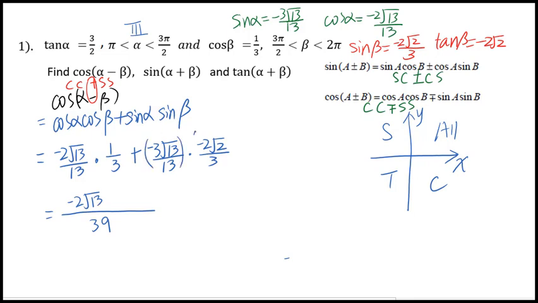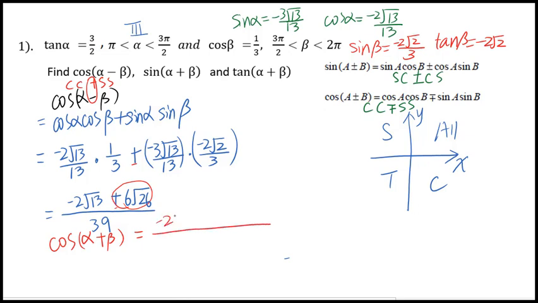Negative times negative will be positive here. So you get plus 6 square root of 26. From here, you can also figure out cosine alpha plus beta. You just need to change the sign here, because you do minus here, minus here. Therefore, your answer will be -2 square root of 13 minus 6 square root of 26 over 39.